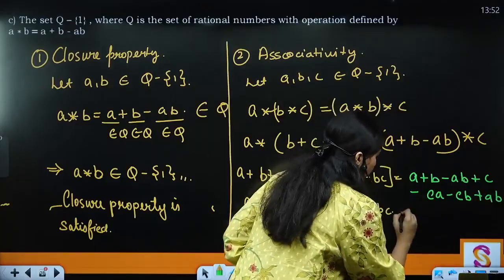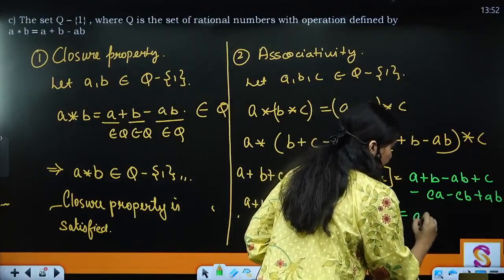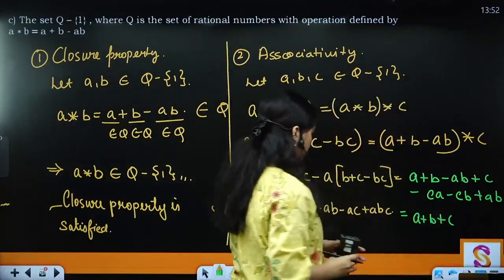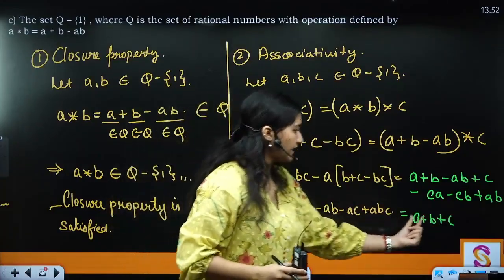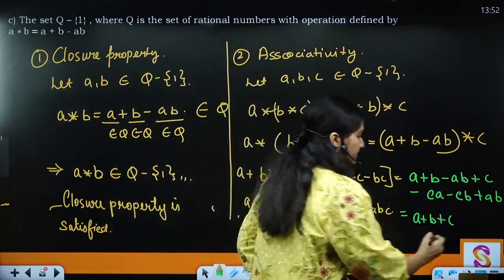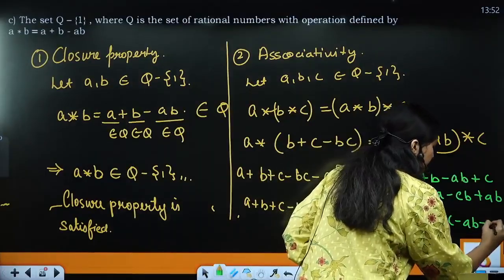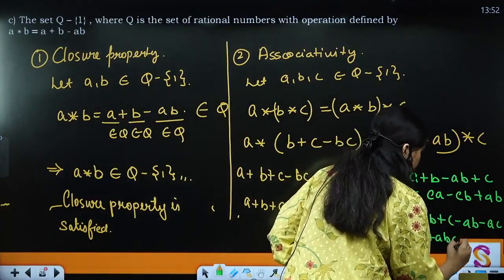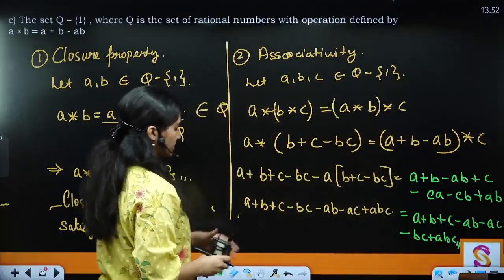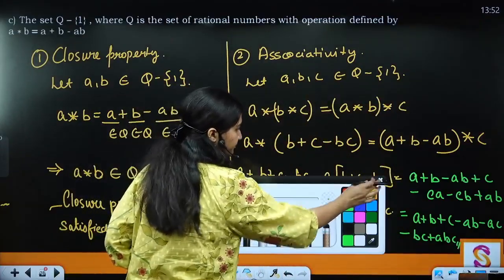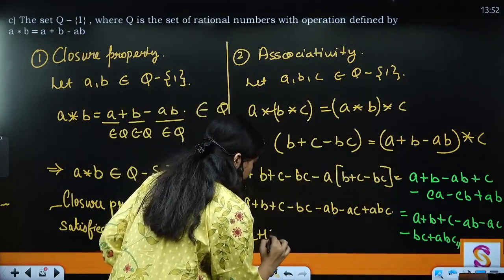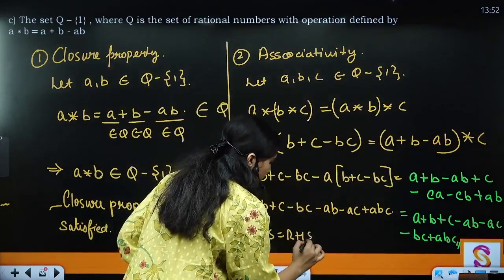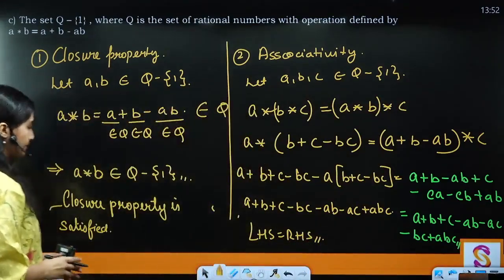Here this is going to be A plus B plus C, if I follow this same order, A plus B plus C minus AB minus AC minus BC plus ABC. So clearly LHS equals RHS. That means the given operation is associative, right?